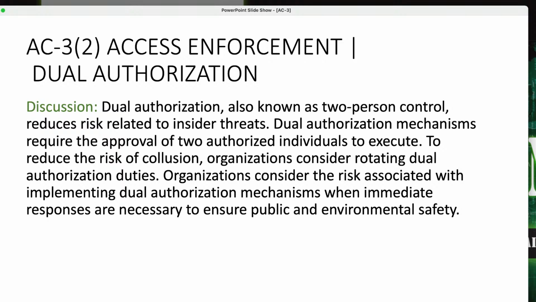Maybe it's their CAC card. In essence, two people have to be there. So it may take a while for both people to get there, and there may be an impact if something is affecting public or environmental safety. So we have to think about that when we enforce dual authorization. It needs to be thought out fairly well, right?